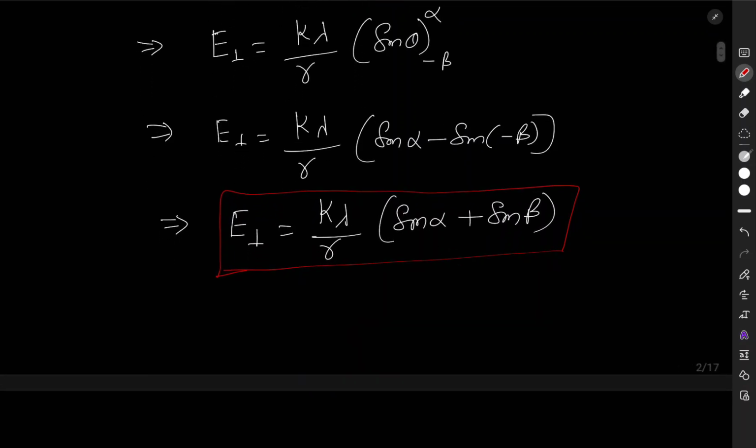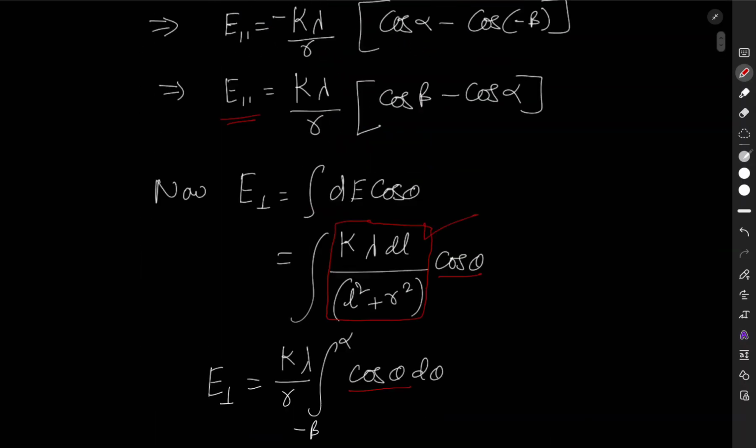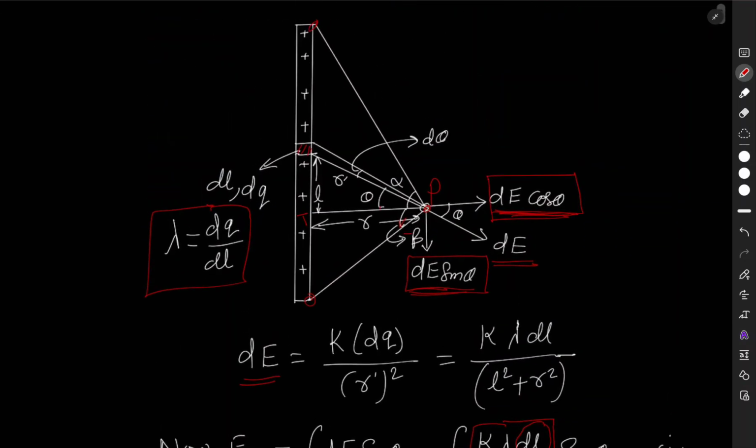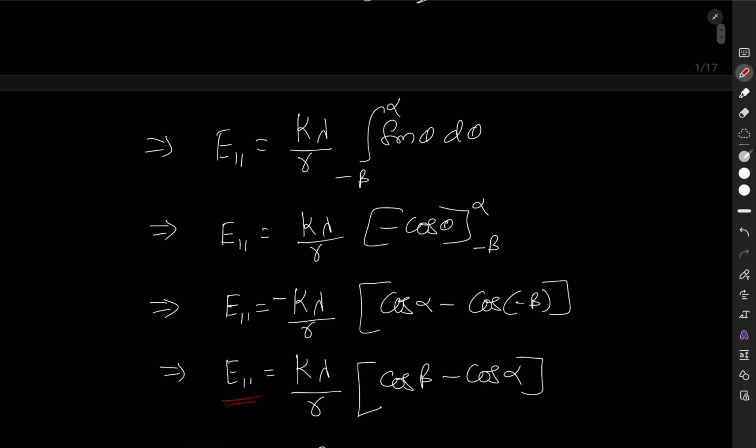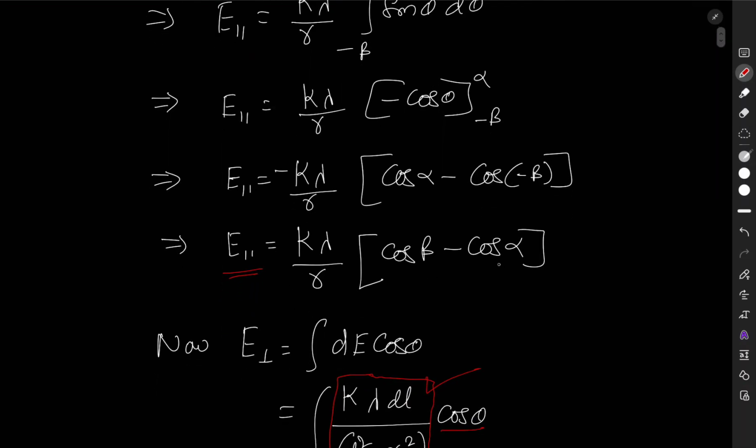If alpha and beta are both equal, then we can say that the point P is somewhere on the bisector line. In that case E parallel will be 0. Why?